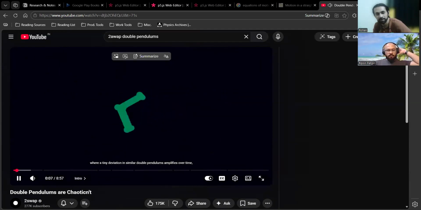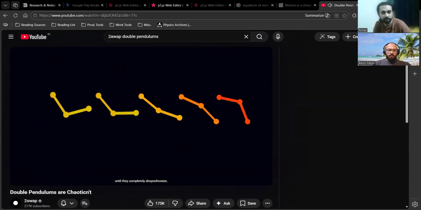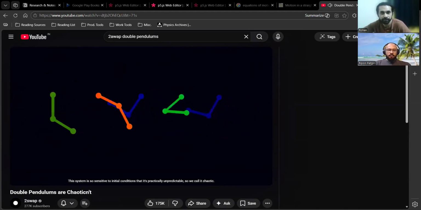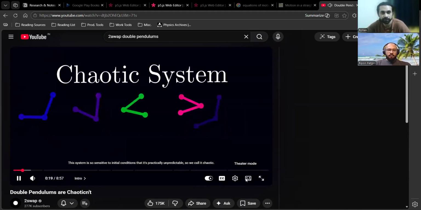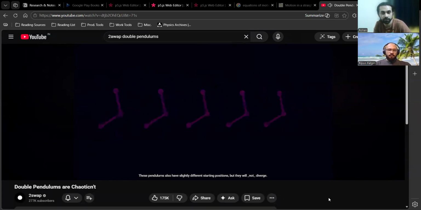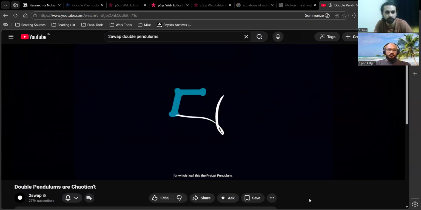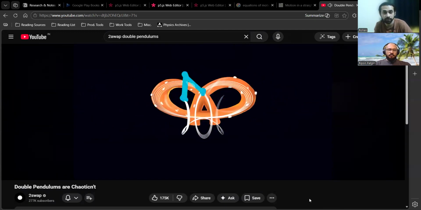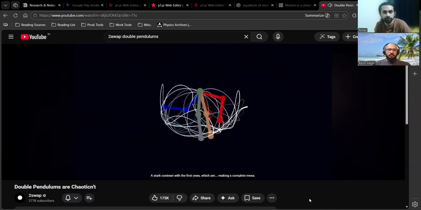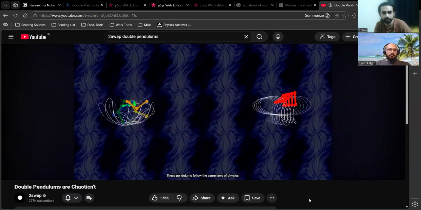videos like these, Just look at where a this. tiny deviation in similar double pendulums amplifies over time until they completely desynchronize. This system is so sensitive to initial conditions that it's practically unpredictable, so we call it chaotic. But you probably haven't seen this. These pendulums also have slightly different starting positions, but they will not diverge. They even trace a repeating pattern, for which I call this the pretzel pendulum. A stark contrast with the first ones, which are making a complete mess. So what's the deal? These pendulums follow the same laws of physics.